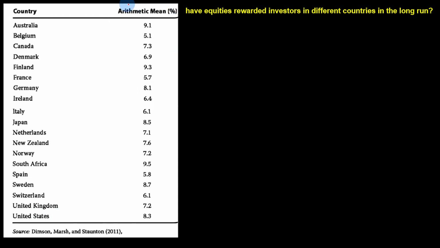This column over here, the arithmetic mean, is the average asset return in each country. And when I say average, we are talking about January 1900 through December 2010, which is 111 years in total.